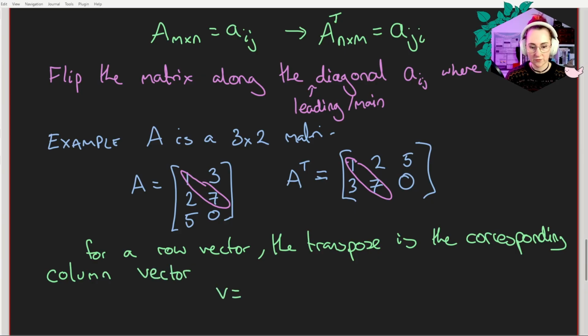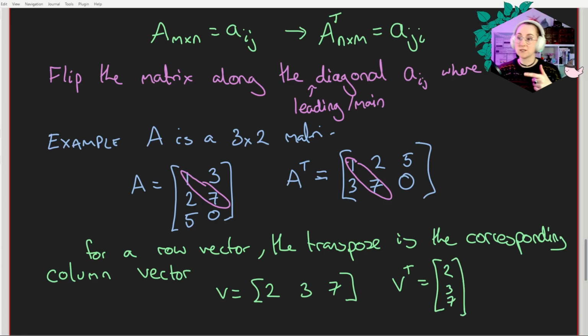Okay, so v is 2, 3, 7. v^T is then 2, 3, 7, because if I was going to do this as m times n, the only one where i is equal to j is that first entry.